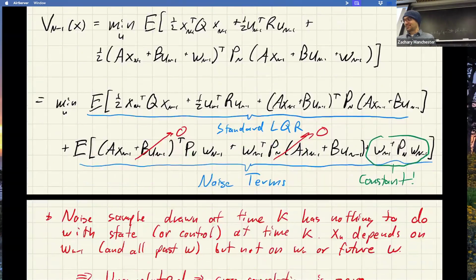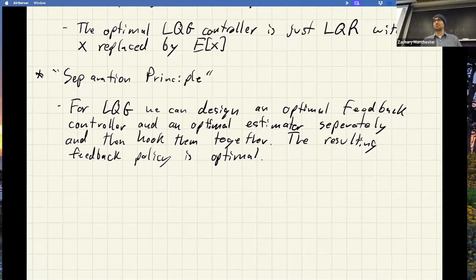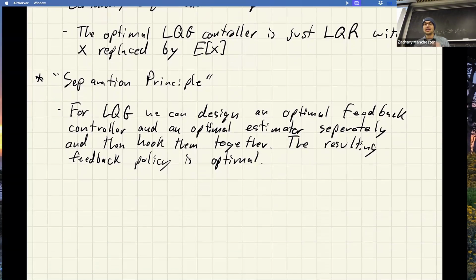Oh yeah, basically all the time. So this is cool. This is actually a very deep result, right? But the punchline here is that these two things, the certainty equivalence thing and the separation principle thing, only hold in the LQG case. They depend critically on, one, the distribution being Gaussian, and two, the dynamics being linear. They depend on both of those things.